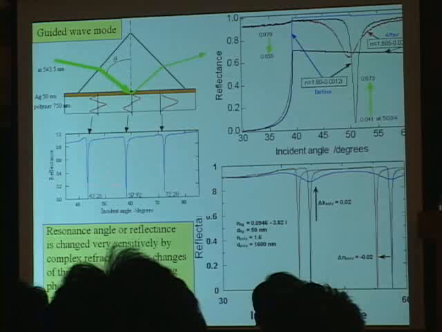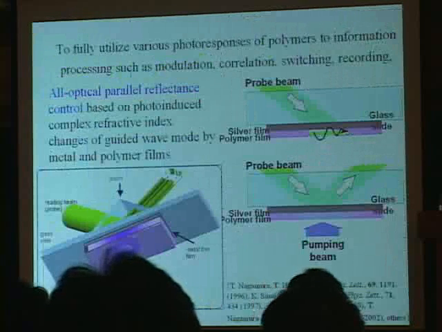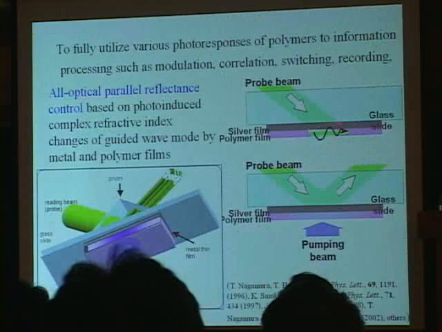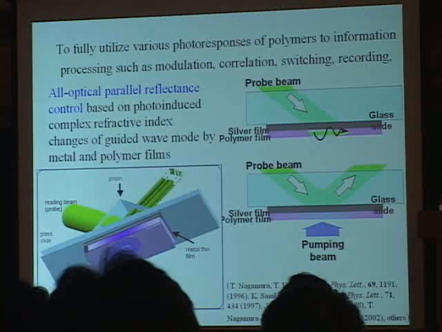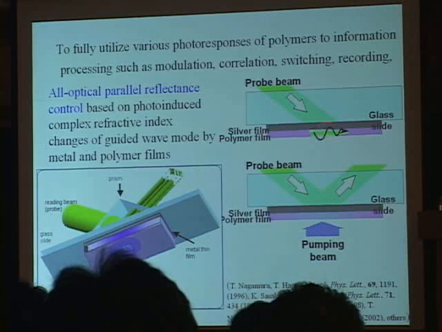As schematically shown here, and this is the actually observed data. This is because of the formation of a guided wave mode. So light is confined in this thin polymer film, where the lateral dimension is a few micrometers.